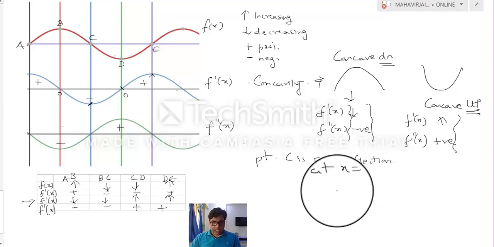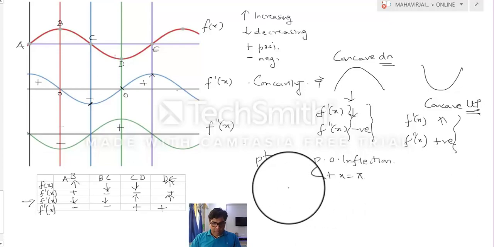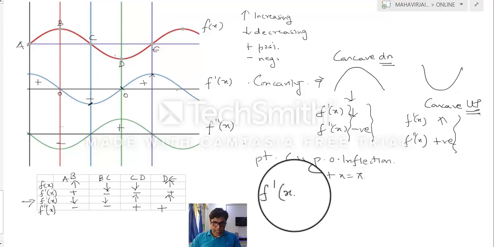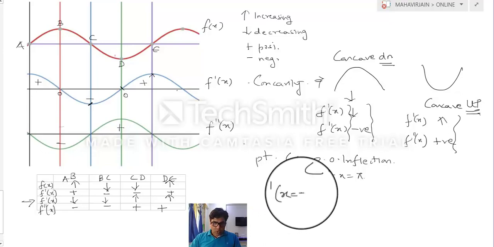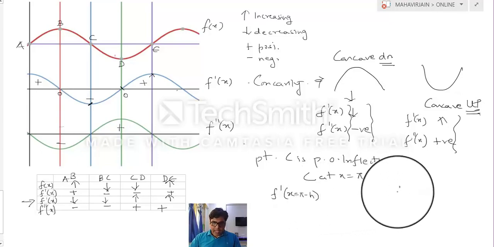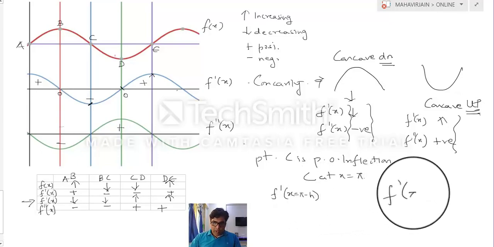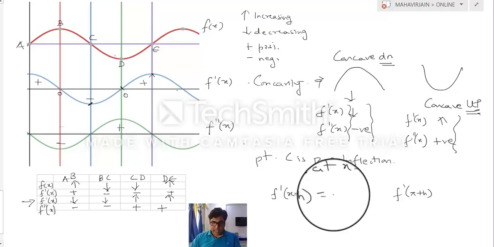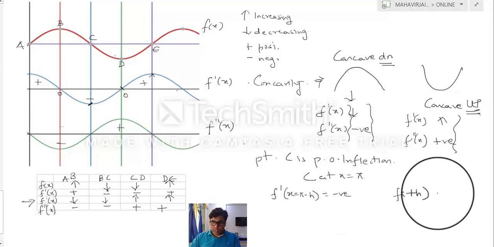At x equal to pi, at point C. Before and after that means f dash of pi minus some small quantity h and f dash of pi plus h. What do you see? You will see it is negative both ways. It is negative on both sides.